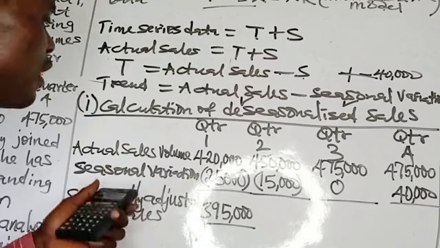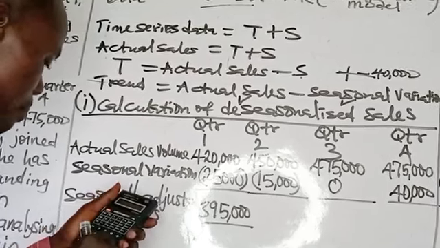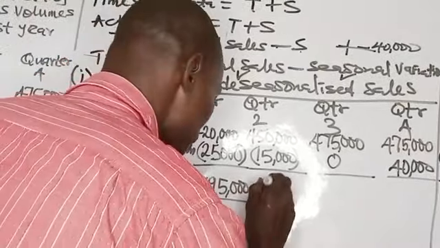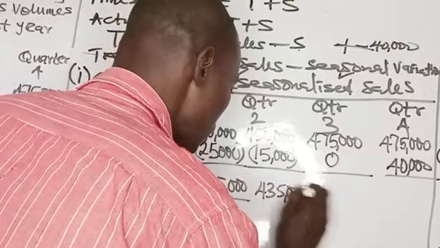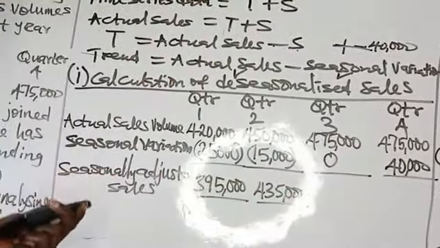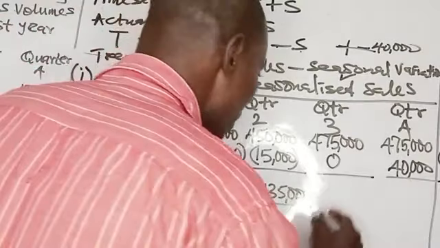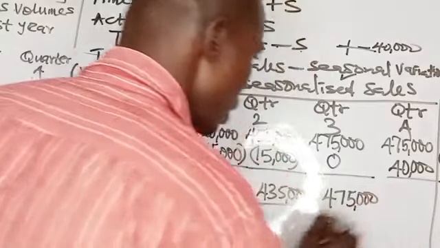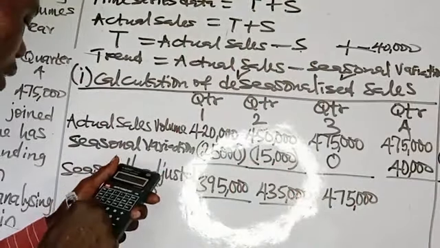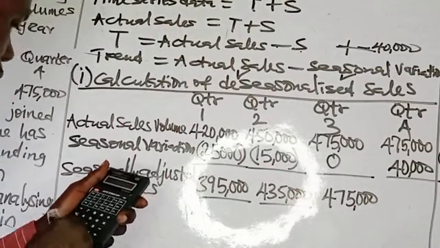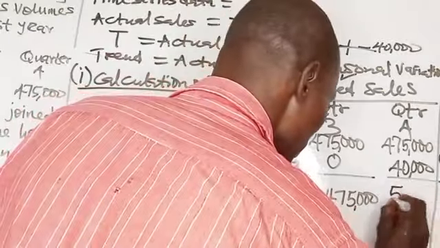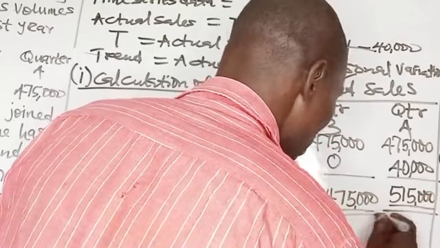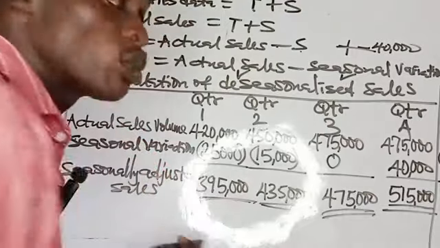Then 450,000 minus 15,000 gives us 435,000. Then 475,000 plus or minus 0 will still be 475,000. 475,000 plus 40,000 gives us 515,000. Back to the question.